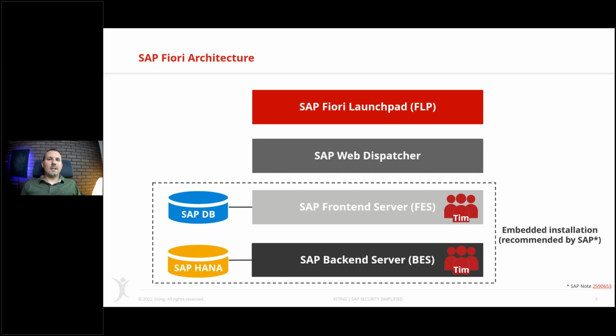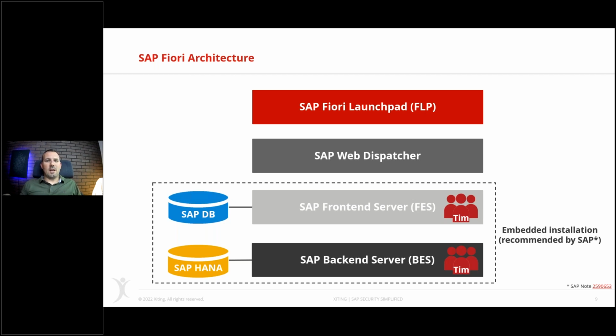If you have an embedded installation, it's pretty straightforward because we're building a role, we're adding the catalog. The catalog pulls in the applications, for example, the UI5 applications, or it might be a legacy application that calls a transaction code or web GUI. But if it's embedded, the system knows it's front-end and backend, and it will add all the authorizations, so start authorizations for front-end as well as for backend.